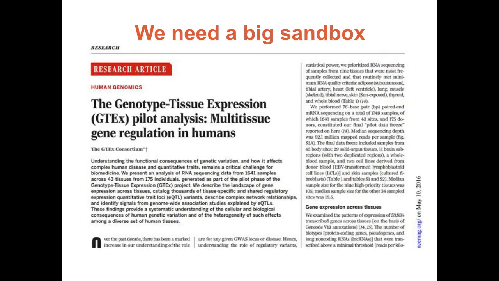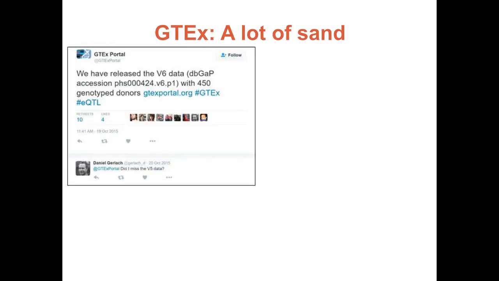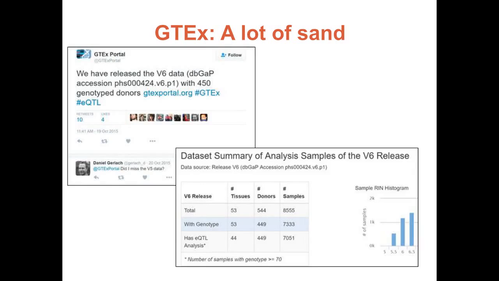So we found a big data set, a big sandbox called the Genotype Tissue Expression Pilot Analysis, GTEx for short. It was a big sandbox in that it had over 450 genotyped donors.